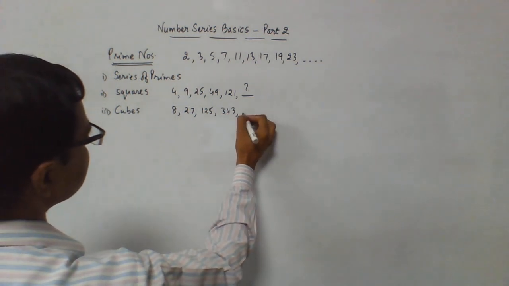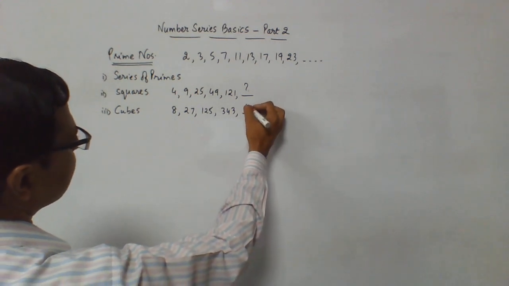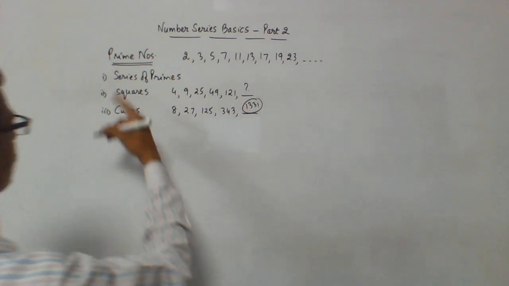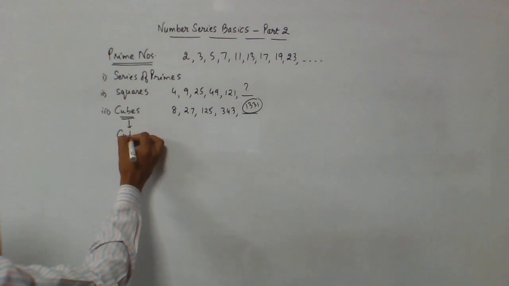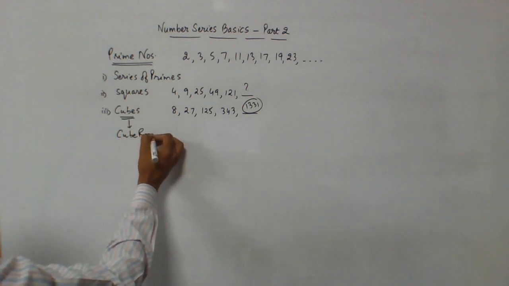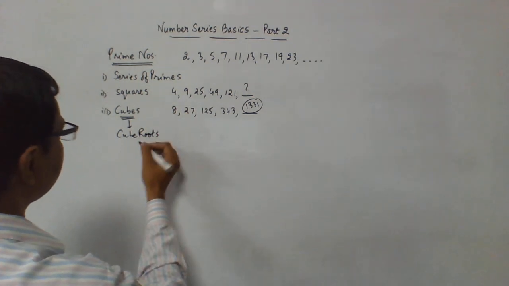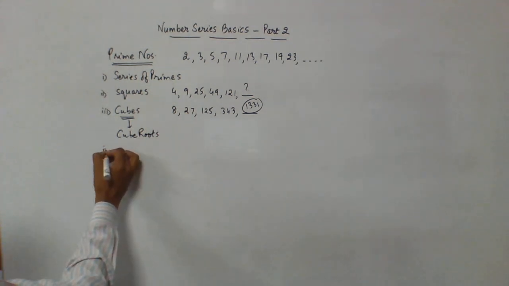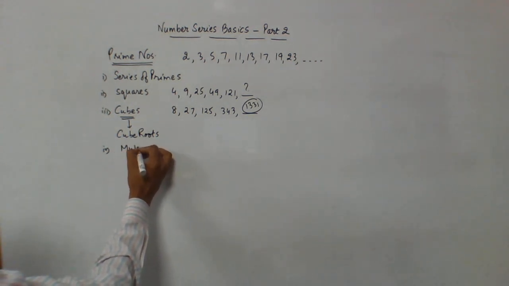So what comes next? 11 cube, prime cube, right? 11 cube, which is 1331. So squares and cubes. Likewise, you can have problems of cube roots also. You will be given cubes of primes, and you will have to find the cube root to get to the answer.